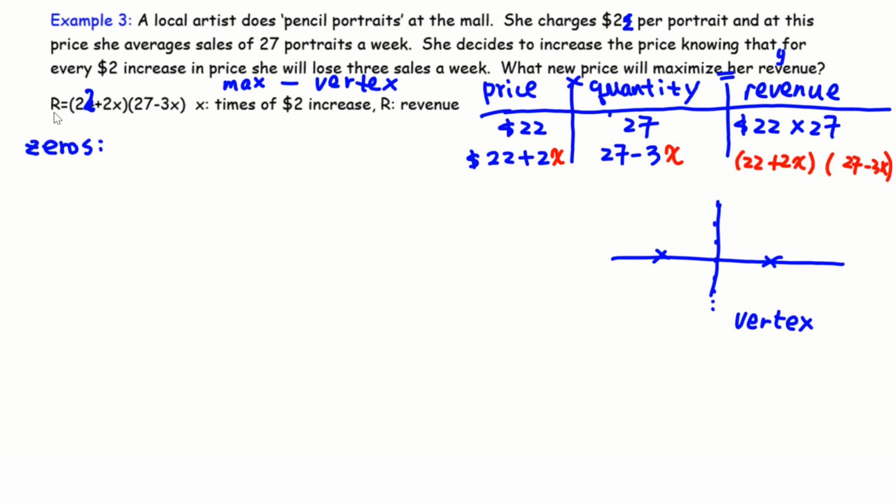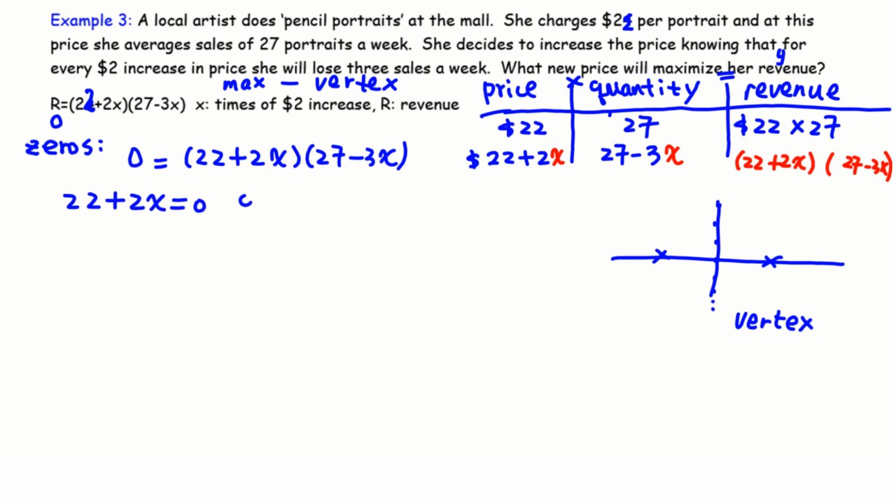So for the zeros, we are going to let y equal 0. So we have r equals 0, then 22 plus 2x times 27 minus 3x. So we have this factor form, then each factor will be 0. So 22 plus 2x equals 0, or 27 minus 3x equals 0. Then you will see we reduce the quadratic equation, degree 2, to linear equations with exponent 1.